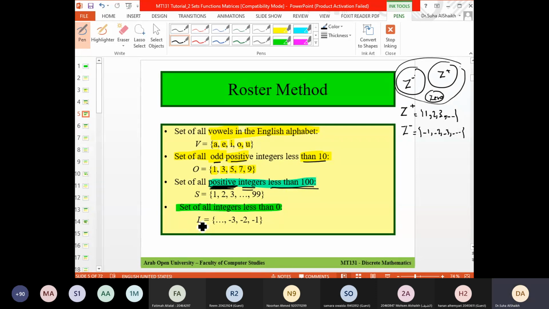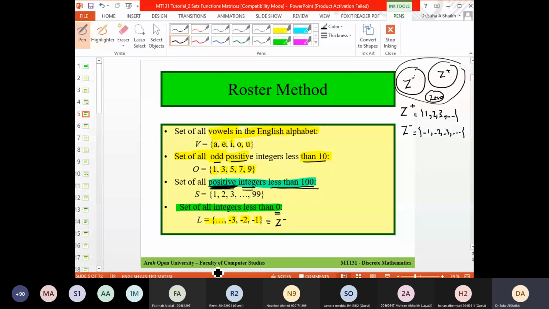So لما أقول set of all integers that are less than 0, integers less than 0, so I'm talking about the negative numbers then, so I'm talking about minus 1, minus 2, minus 3 and so on. And actually هذه z minus. It's the z minus.